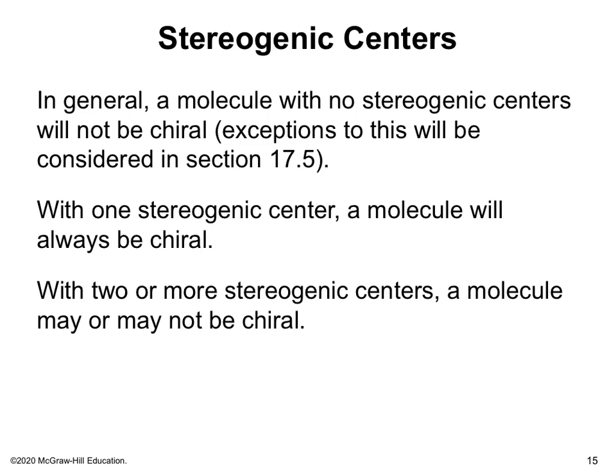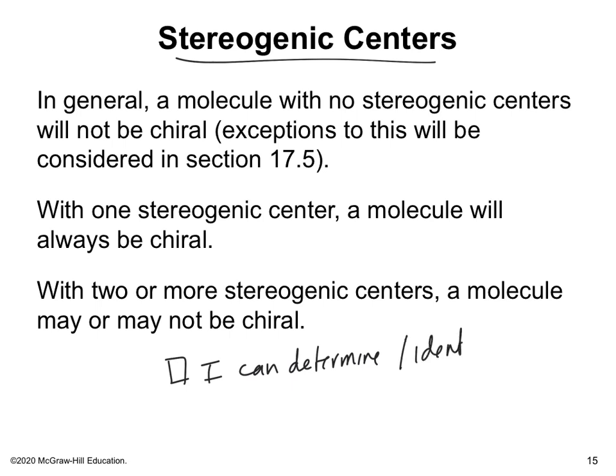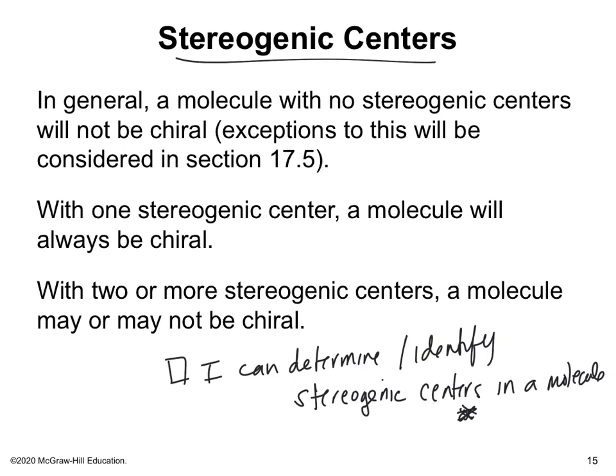Okay, so we're looking for stereogenic centers. One of the things I want you to be able to do is identify stereocenters, or stereogenic centers, in a molecule. And usually we'll indicate these in a big molecule with a little star by the carbon.